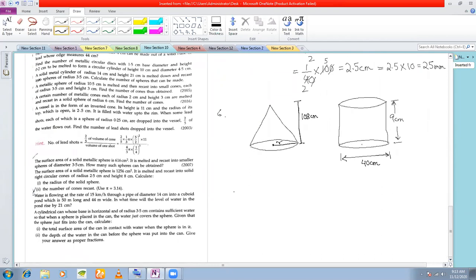You find out both the volumes, and since the volume of the cone and the cylinder are equal, you equate them and find out the radius. So I say let the radius of the base of the cone be r. Therefore, what is the volume of the cone?